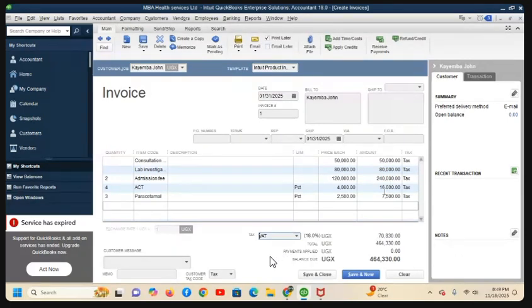So which means the total sales tax, it is now, this is what I'm going to collect from this customer. It is no longer the 399 we had. So if all these services provided are VATable services and items, the system will compute VAT and show you how much the customer is supposed to pay.